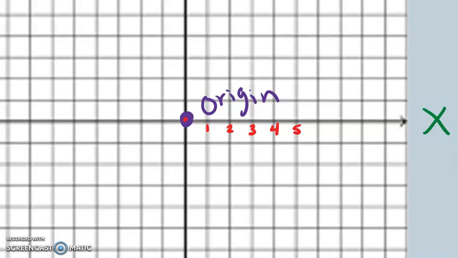And then in that opposite direction, it's -1, -2, -3, -4, -5, and so on. And it's on the actual lines themselves, not the boxes that the lines make.